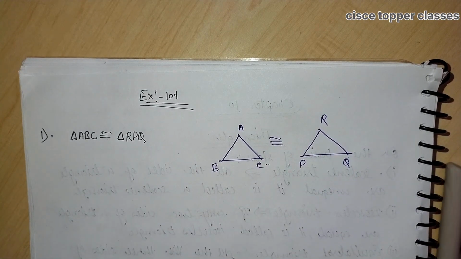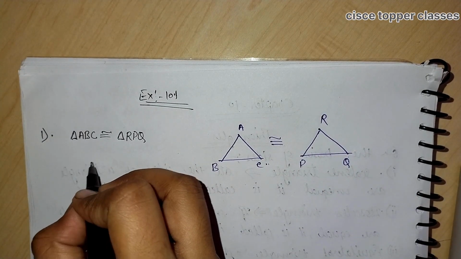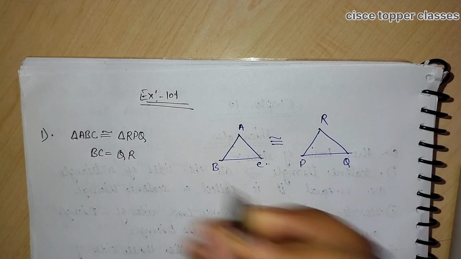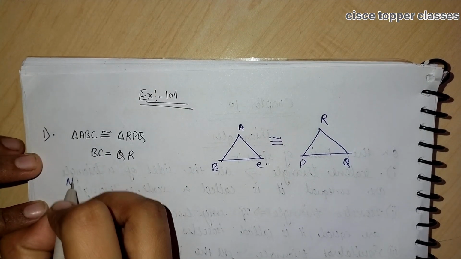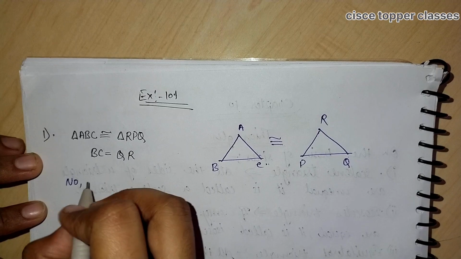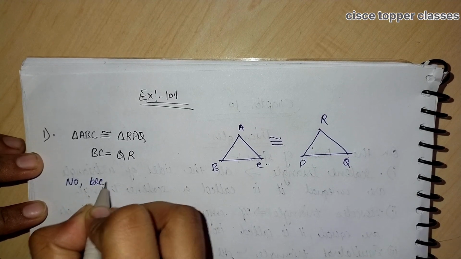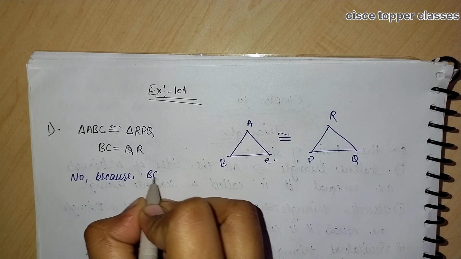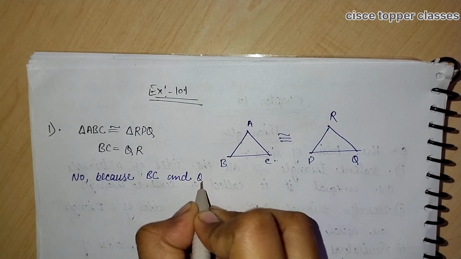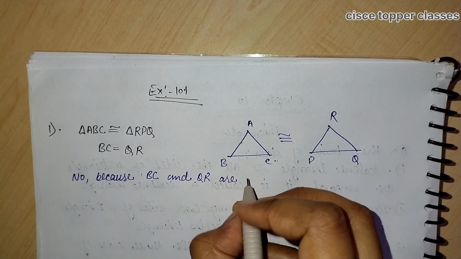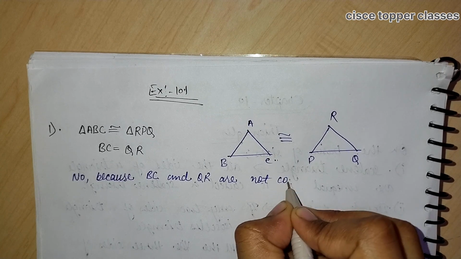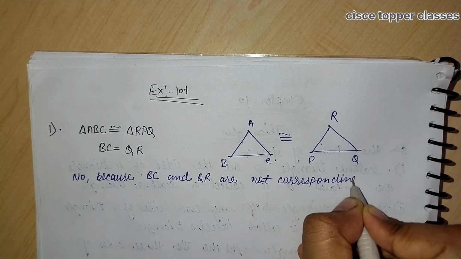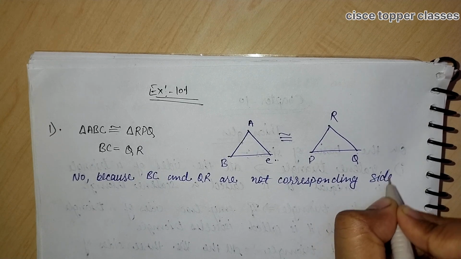The question asks us to tell whether it is true that BC is equal to QR. So it is not true. No, the reason is that BC and QR are not corresponding sides.